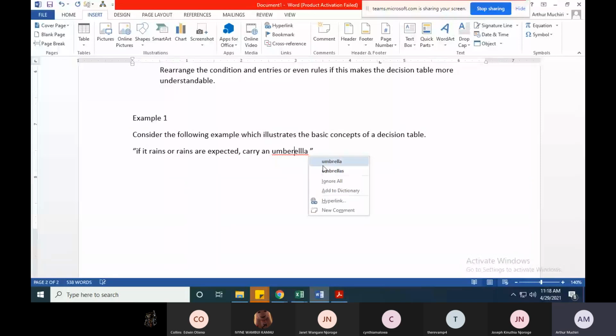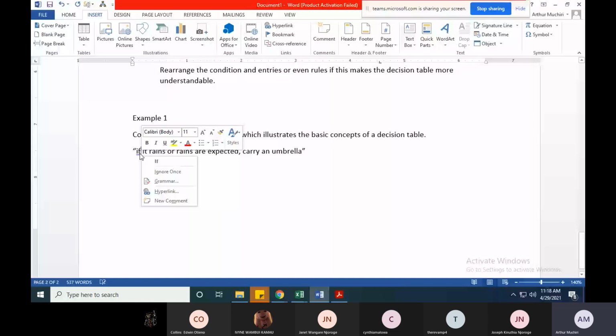This is a good question for people who are starting, because exam questions are usually difficult, like the one I have here. But for us, let's start with the most basic one. I have another one here which is very complex: a clerk is assessing the amount of discount allowed to a customer and is required to comply with the following policy. That is a complex one, but let's start with this one. If it rains or rain is expected, carry an umbrella.